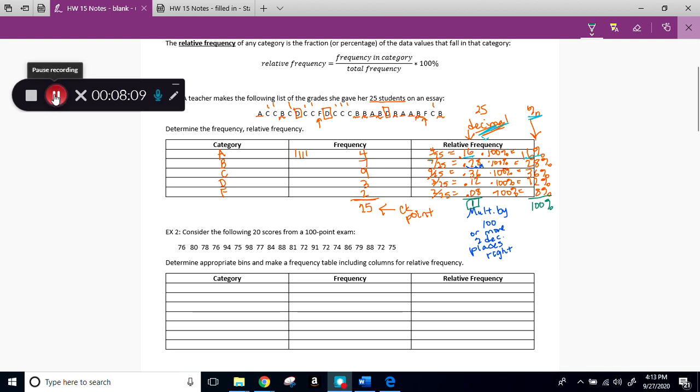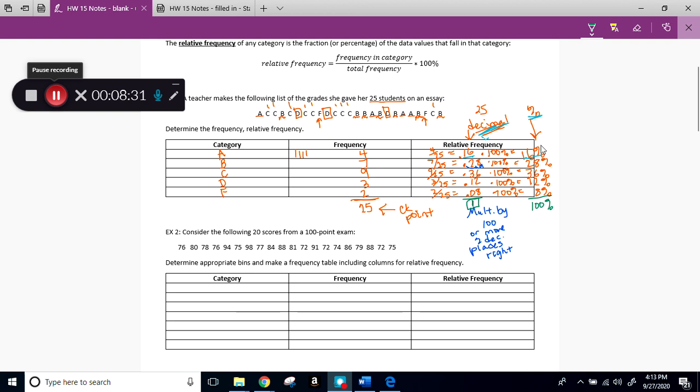Okay, so when I added that up, it adds up to 1. That makes sense because altogether it should come up with a total of 1 with the decimal and 100% with the percentage. So you're looking at all the grades in the class. There's 25 students, 25 grades, so altogether that's 100% of the students.